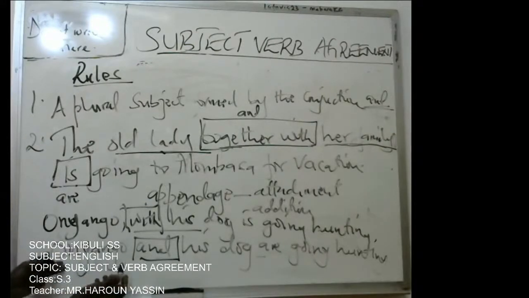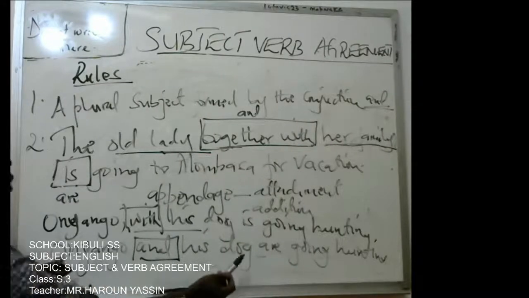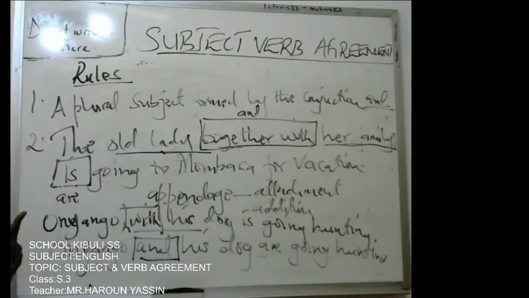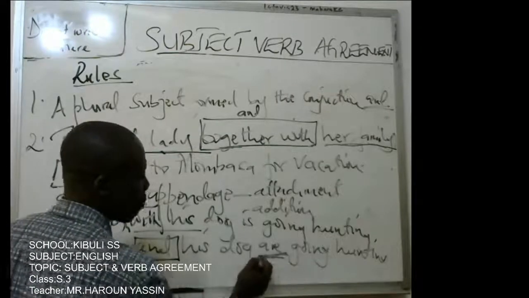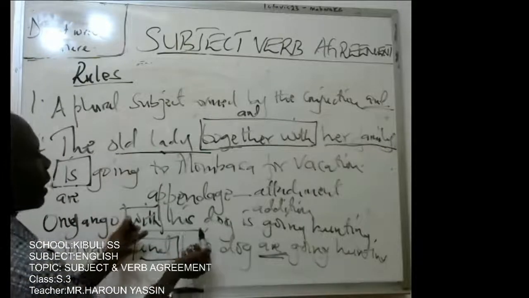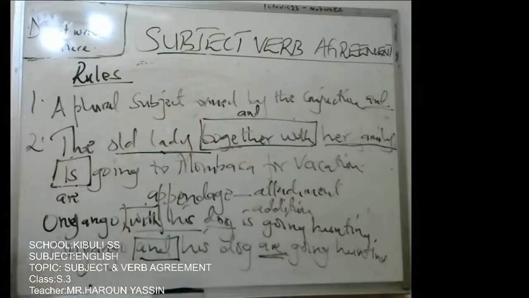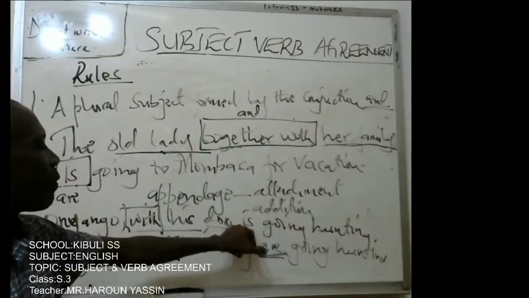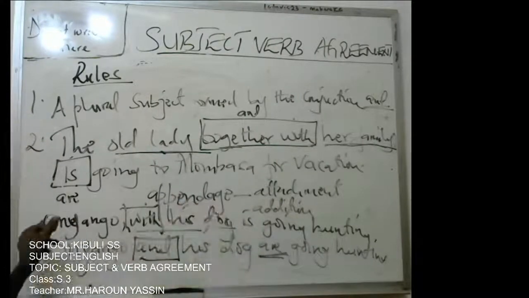So here, when we use and, Onyango and his dog are going to become a plural subject. And therefore, our verb has got to be plural. But here with his dog, the dog simply becomes an appendage. It simply becomes an addition. It's not the main. Therefore, the main is one, and therefore it's one subject, that is Onyango. Sorry, the verb in singular has got to agree with Onyango, the singular subject of our sentence.